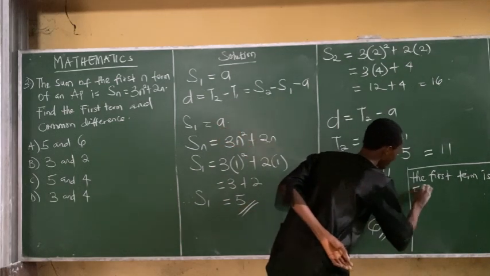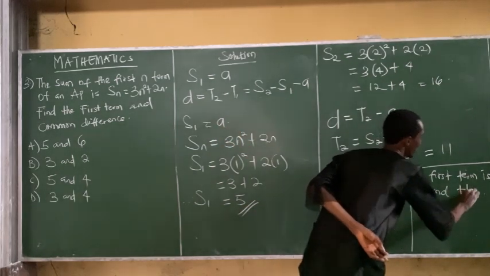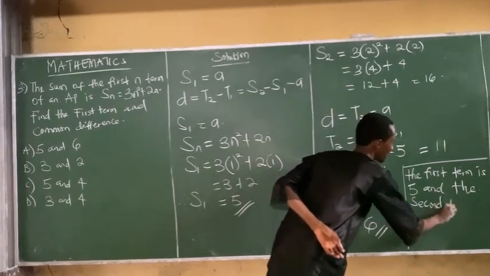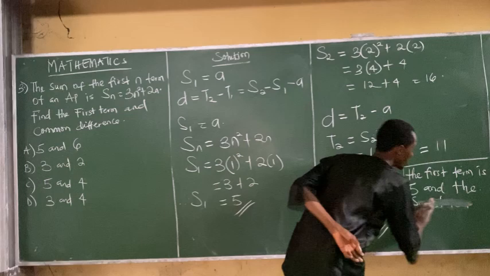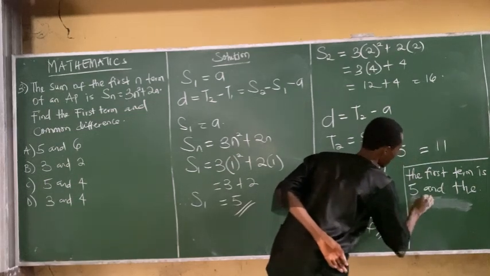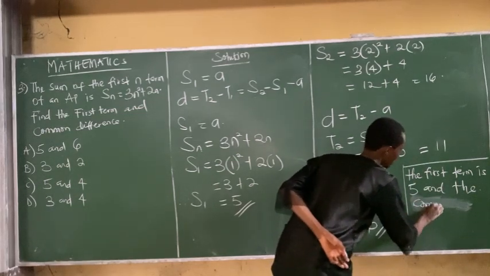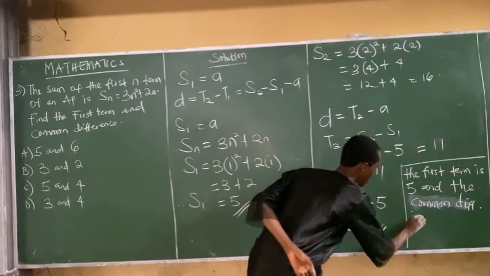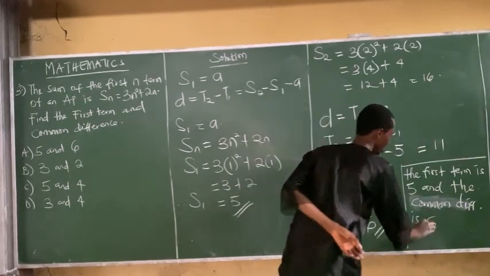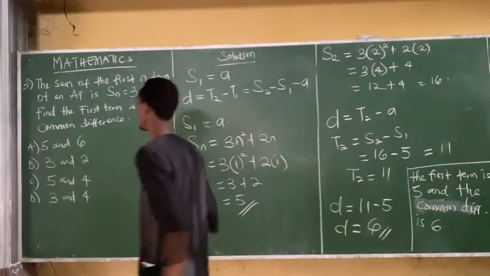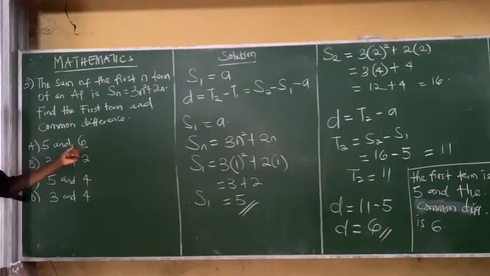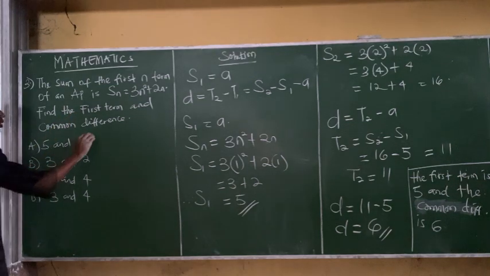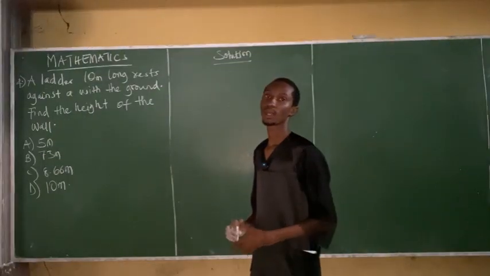And the common difference is 6. If we come to our options here, we have option A to be correct, 5 and 6. 5 for first term and 6 for common difference. Therefore, this is the correct option.